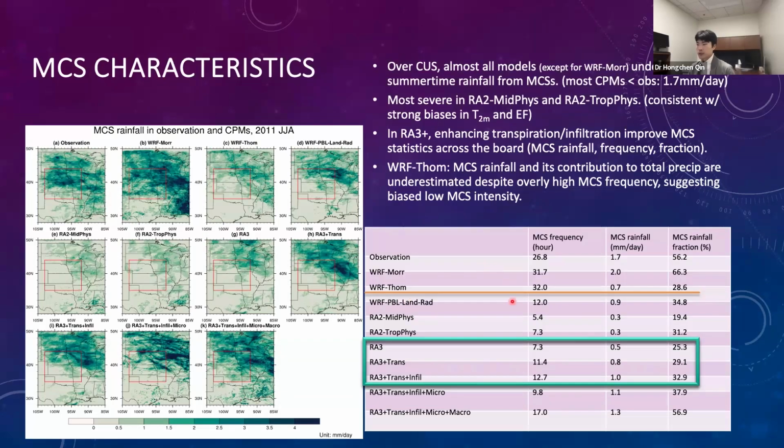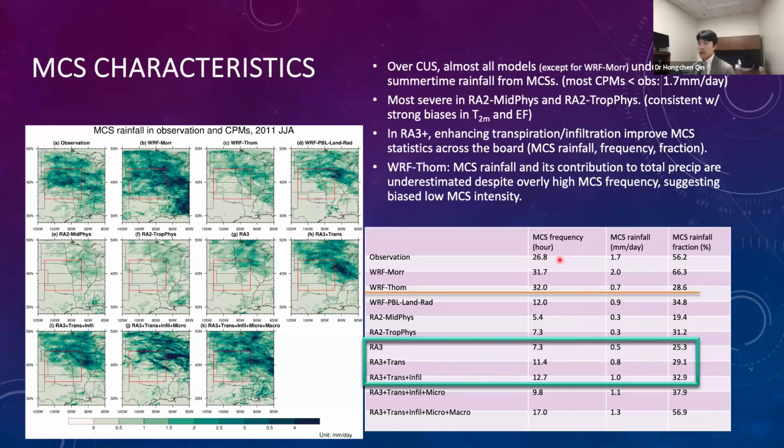This table shows the summary over central US in terms of observation and CPMs: the MCS frequency, MCS rainfall, and the MCS rainfall fraction. Here, the fraction simply means the contribution of MCS rainfall to total precipitation.